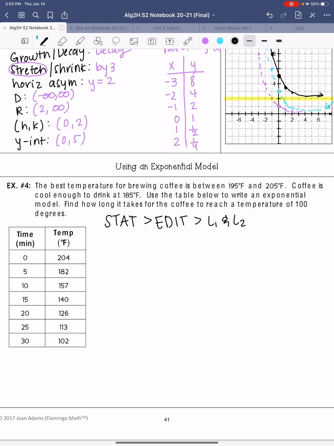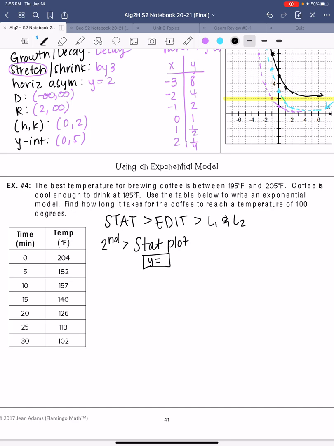So back to our notes. Next, we're going to go ahead and turn on our stat plot. I'm writing the directions for the actual calculator, not for the app. The app's similar enough, you should be able to figure it out, and I'm showing you it. You're going to go to second, stat plot, which is over your y equals button.